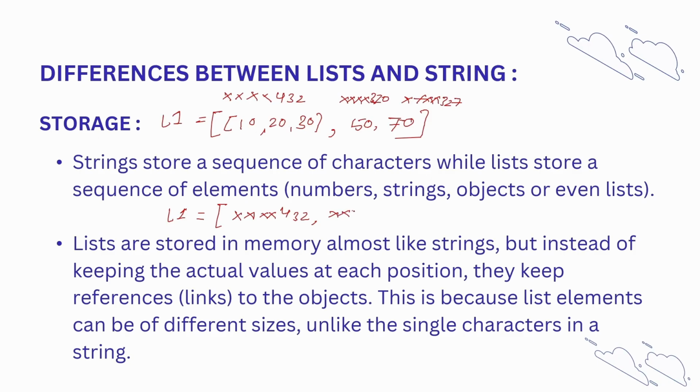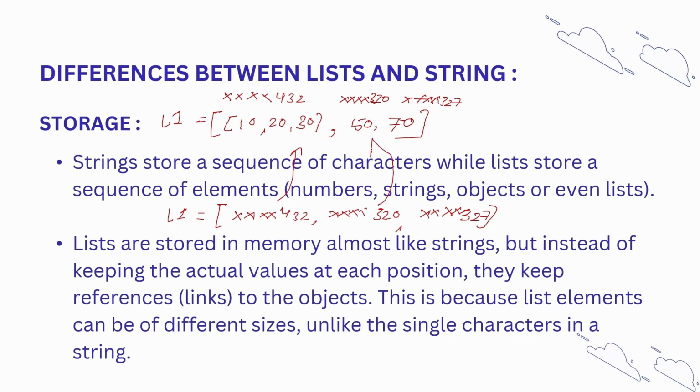Next, it will store the address of the second element, which is 320. Next, okay, so here this address points to this particular element, this address points to this particular element, and this address points to this particular element. Okay, so here we see that a list stores references to the objects. So these are the references to the actual elements. This is because list elements can be of different sizes, unlike single characters in a string, so that is why we do it.